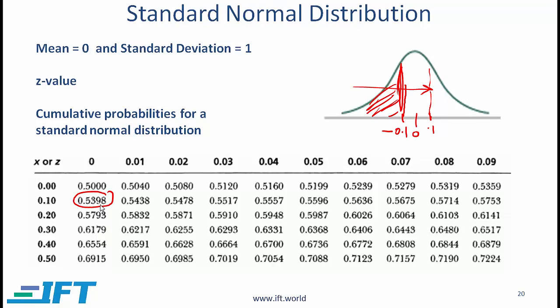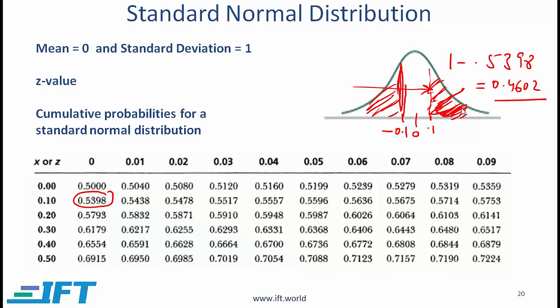0.5398, which means that the probability to the right of 0.1 is equal to 1 minus 0.5398, which is equal to 0.4602. Now this 0.4602 is the same as the probability to the left of minus 0.1 because the distribution is symmetric.